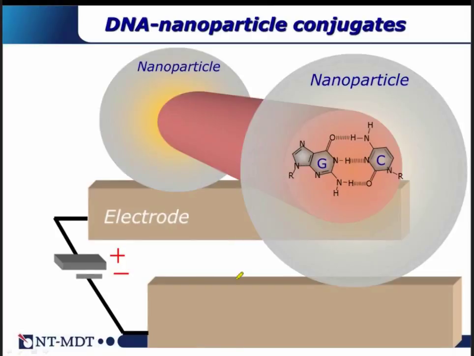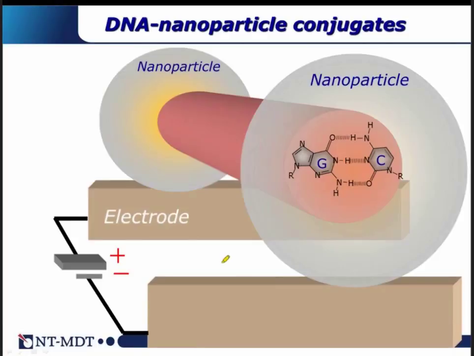The problem is that the conductive part, if at all, is located in the core. Here you have insulating material, which has sugars and phosphates. Even if you succeeded in dropping this molecule on the electrode surface, there is a problem for electrons to come from the electrode to the core through this insulating layer.